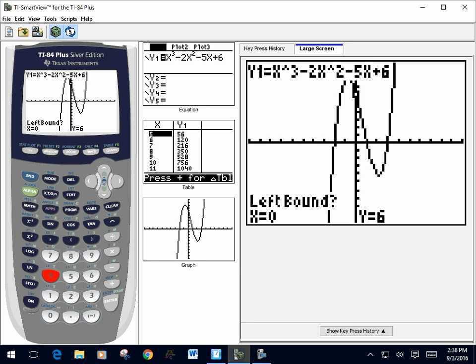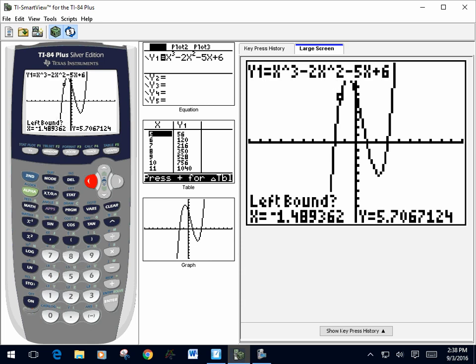So the first question it's asking you is a left bound. Well, your calculator just wants to know the general neighborhood of the maximum that you're looking for, because for one thing, a function could have more than one of these. So it needs you to help narrow down which area to look in. So you can scroll over, and you can see that little cursor moving, and it's asking me for the left bound right here.